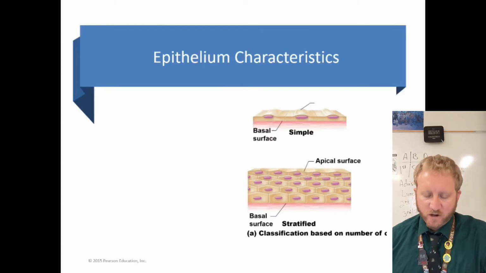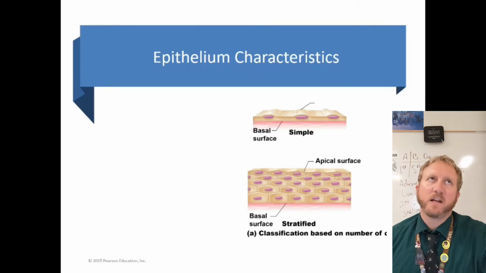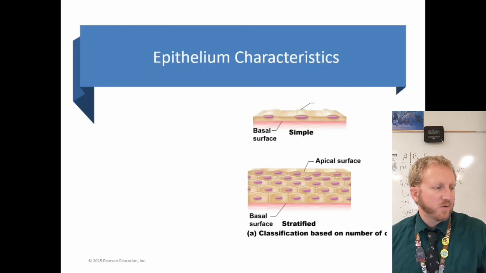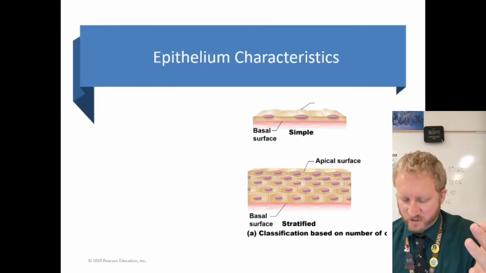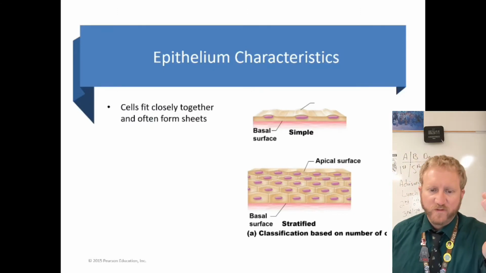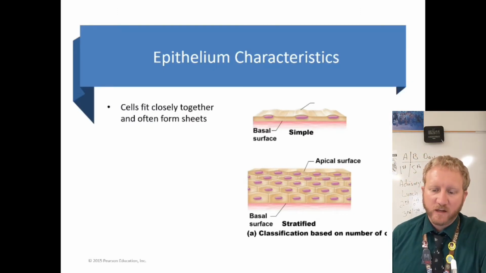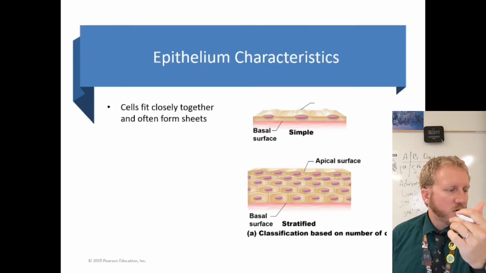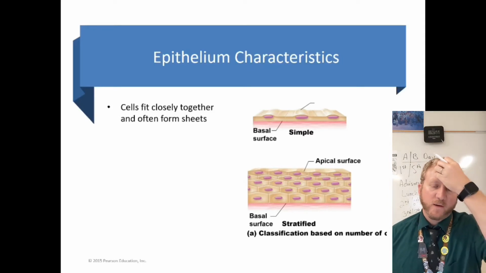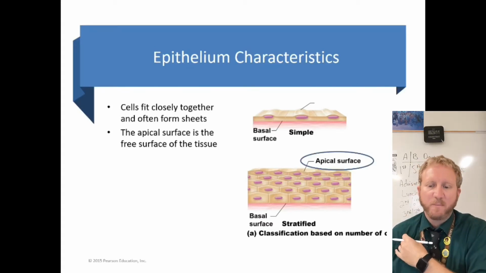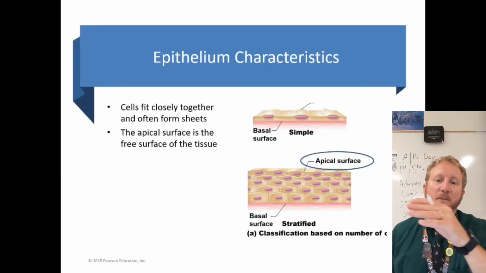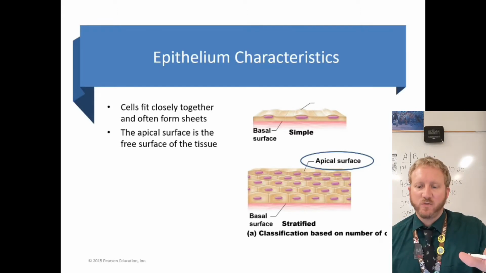So some basic characteristics. You can classify epithelium in a number of different ways. One of the ways that you can do that is by how many layers that you have. And so these different cells will fit together and often form sheets. And you can see in the diagram here. And so another characteristic of epithelium is it's got different surfaces. So there is an apical surface, that's the top surface. It's free of any tissue.